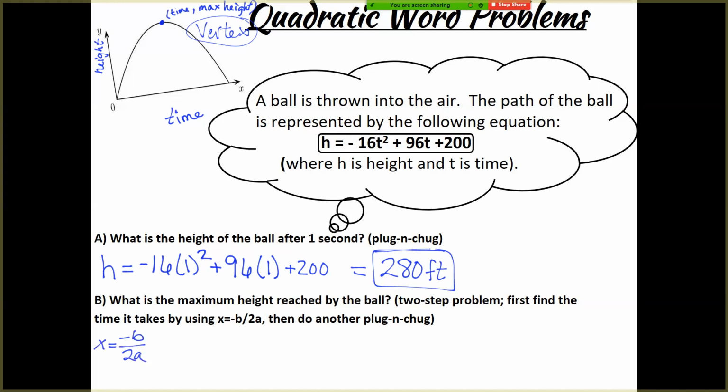So we're going to our equation. We want the opposite of b. Well, b is currently 96, so I want negative 96, divided by 2 times a, which is negative 16.